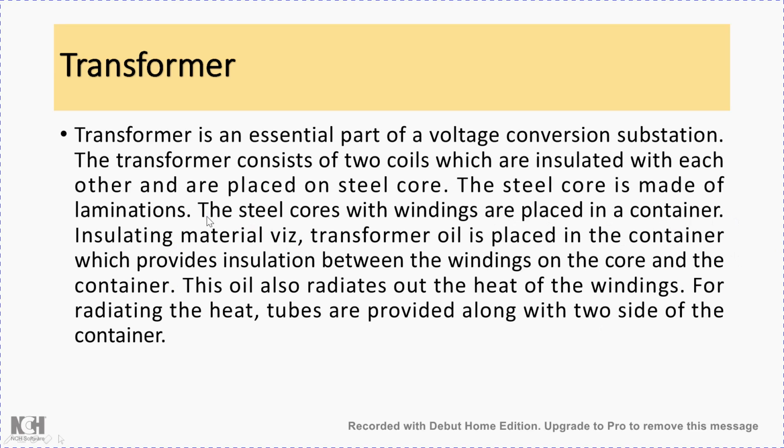So the total core as well as the windings wound on the core will be placed in the container, and the insulating material, namely transformer oil, is placed in the container, which provides insulation between the winding on the core and the container. This oil also radiates out the heat of the windings. For radiating the heat, tubes are provided along the two sides of the container.